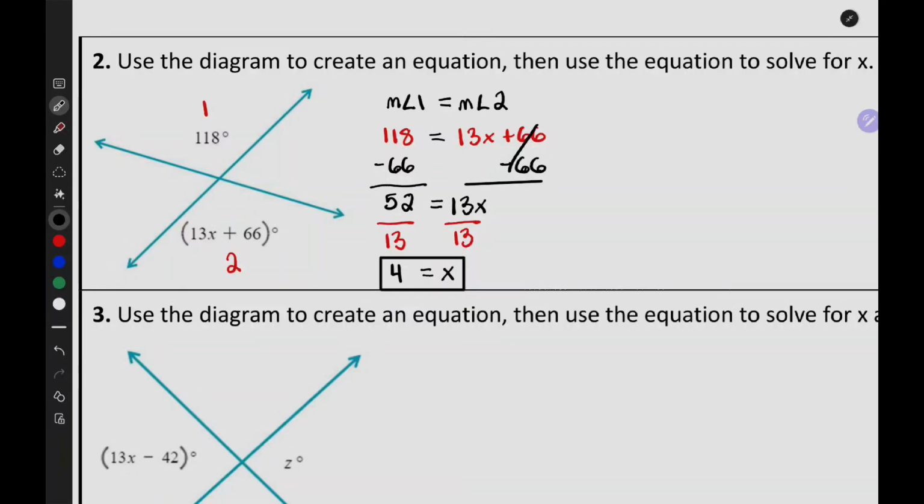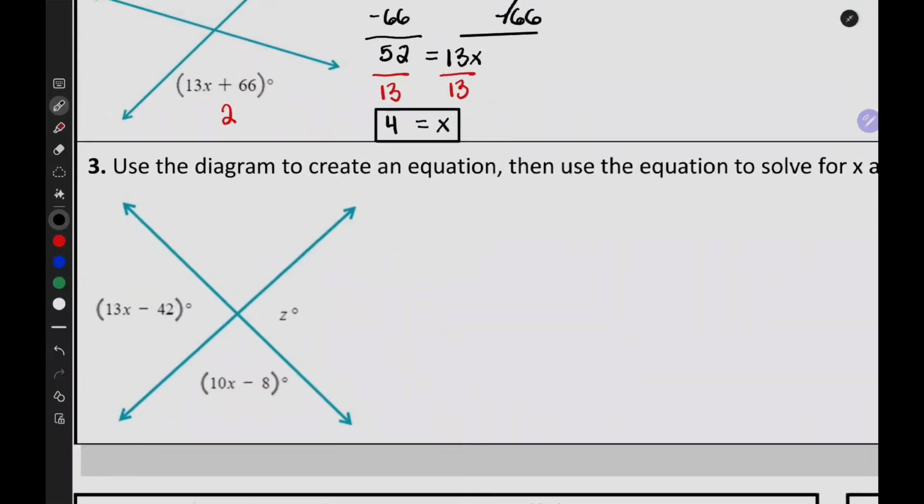For number 3, we use the diagram to create the equations, the same directions, except now we've got to solve for x and z. So I look at my diagram and I say, okay, well, I have an expression with x here, and I have another expression with x. How do these two angle measures relate to each other?